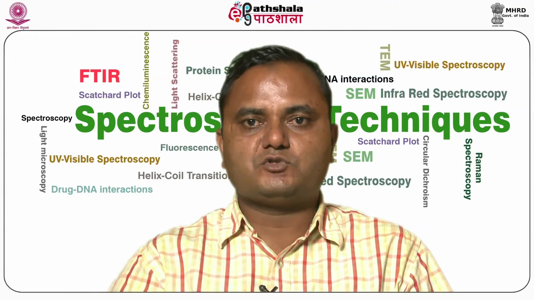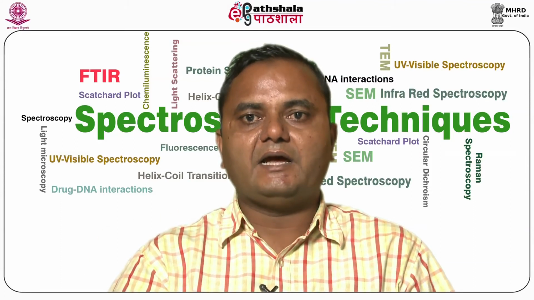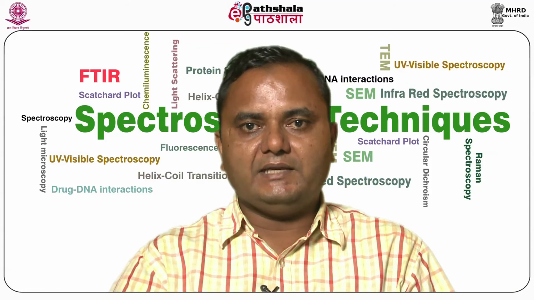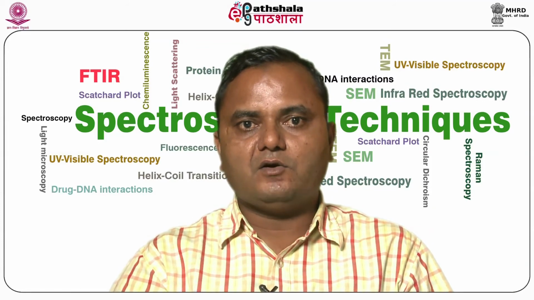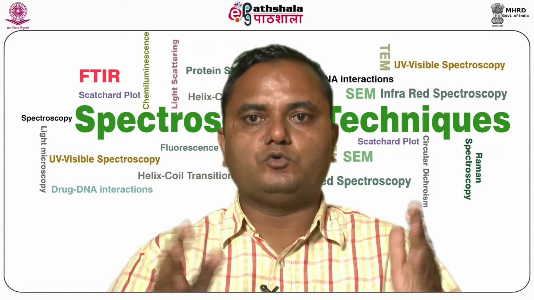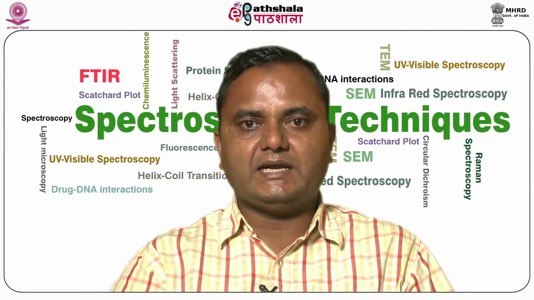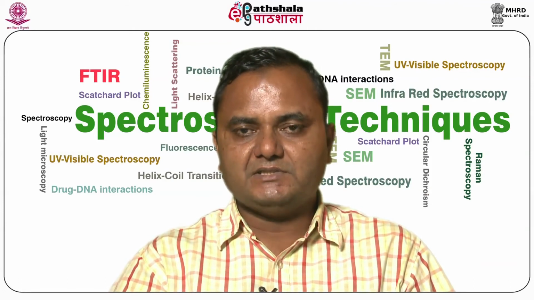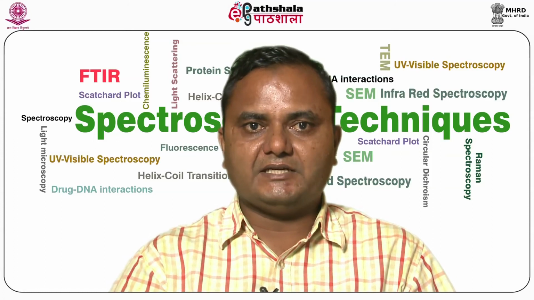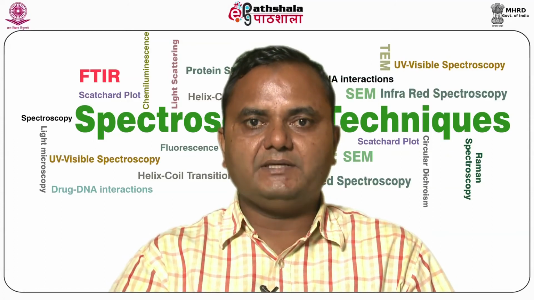The method seems very simple and applicable to all elements, but in reality only elements from group 1A and group 2A, like lithium, sodium, potassium, calcium and magnesium, can be analyzed.